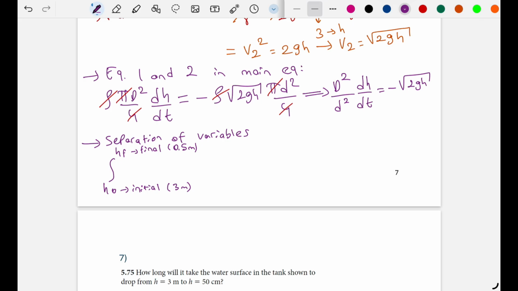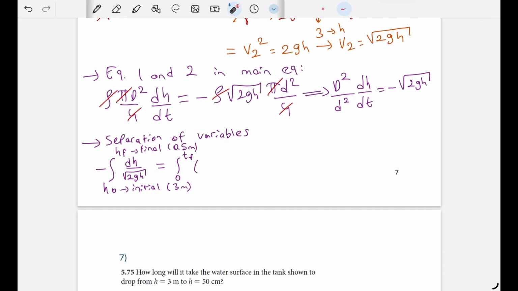And right now we have dh over square root of 2gh, and since it has a negative, we will also have a negative here, and this will be equal to, this time we are going to use t, so it is coming from initial time and then final time.